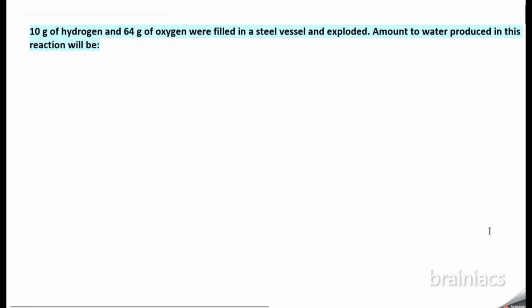So here you know that hydrogen and oxygen are reacting, correct? So let me first try to write the reaction. Hydrogen H2 reacting with oxygen O2, giving you water H2O. I know that this is not a balanced chemical equation.